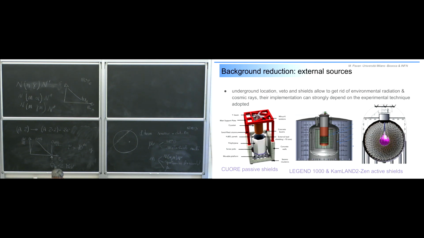So in that case, you can use, for example, an alpha decay to tag. An alpha decay maybe doesn't produce a background in your region of interest, but the next decay is a beta decay that can produce a background there. So you use the information on the alpha decay to open a gate.